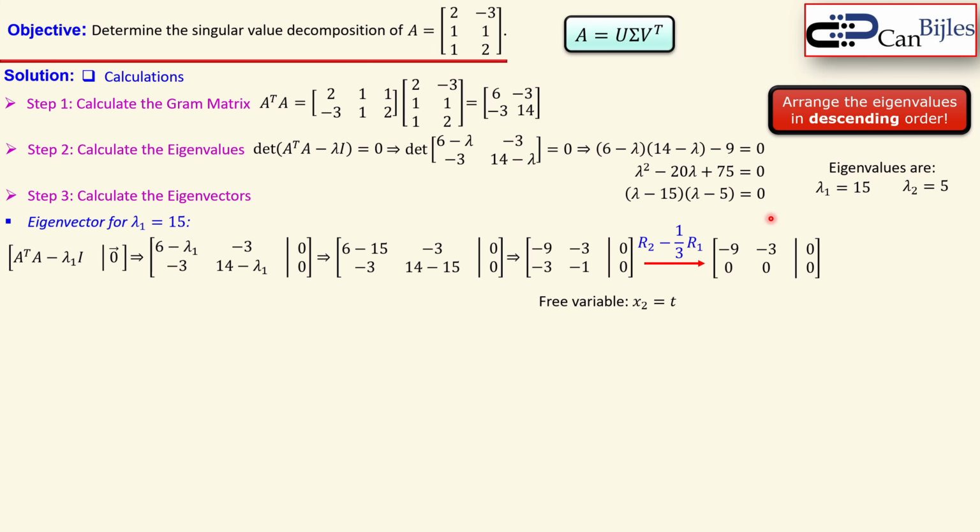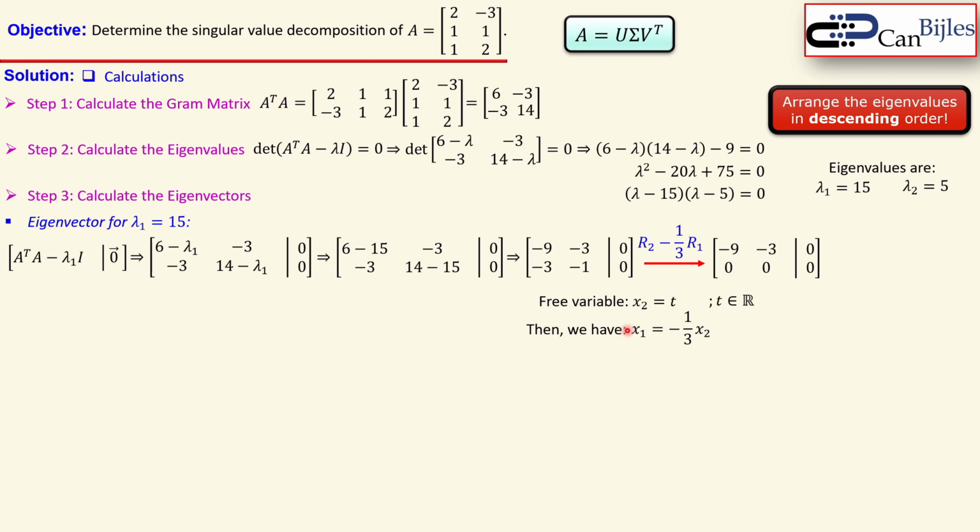Now we can say the second column does not have a pivot. That means we have an x2, which is then a free variable. In this case we assign it just a t, and t is an element of the real values. Looking at this one, we get minus 9 times x1 minus 3 times x2 will be 0.